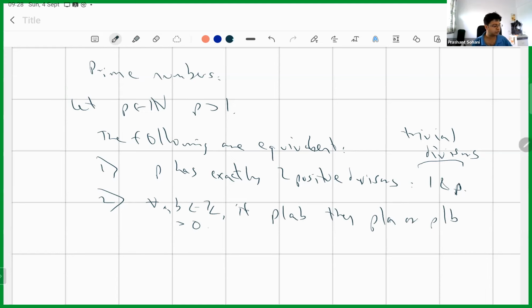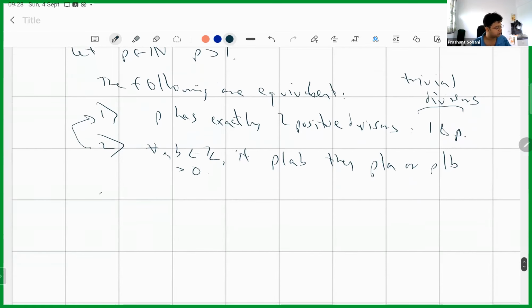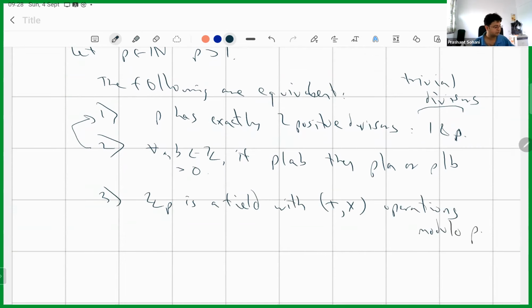So the exercise for you is to show that if you have a number which satisfies 2, then it satisfies 1 also. So 2 and 1 are equivalent, which has to be shown. There is one more condition which I will explain more about today.